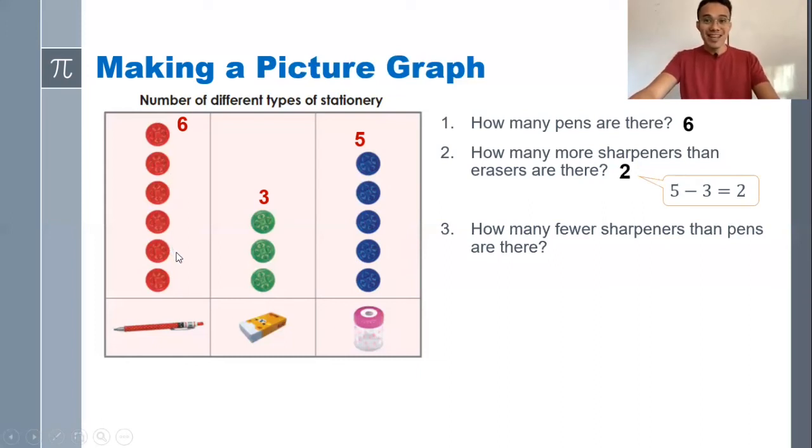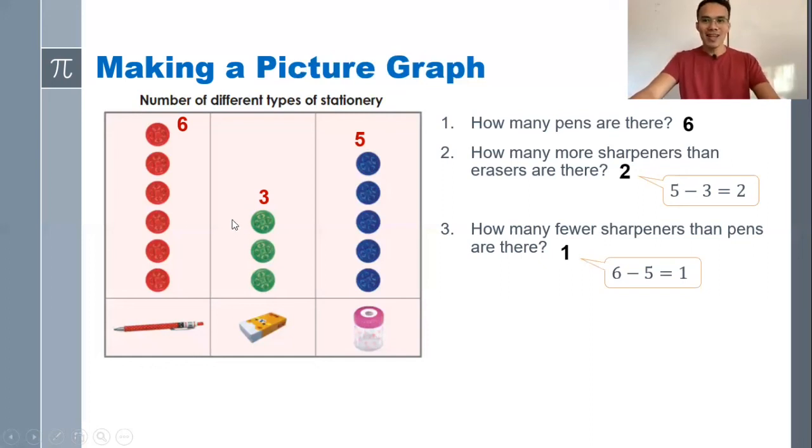As you can see in the picture graph, there is 1 fewer sharpener than pen. Using the numbers 6 and 5, we can subtract 6 and 5. 6 minus 5 is 1. Again, why do we have to subtract them? Because we are comparing.